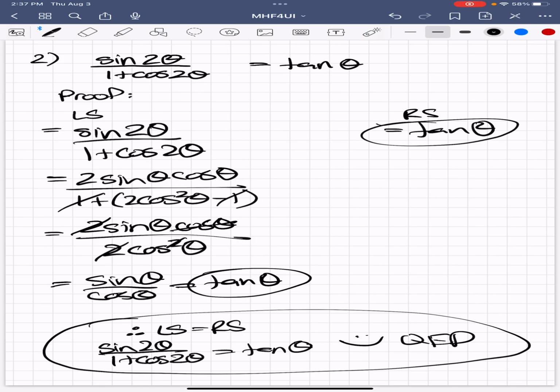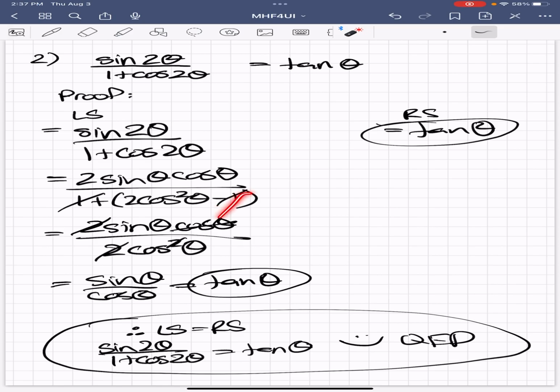Okay, I'm just going to explain a bit here. Using the double angle identities, so sine 2 theta would be 2 sine theta cos theta, and then we used a double meaning for cos 2 theta, which was 2 cos to the power of 2 theta minus 1.